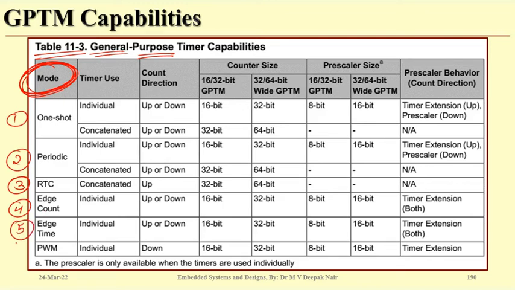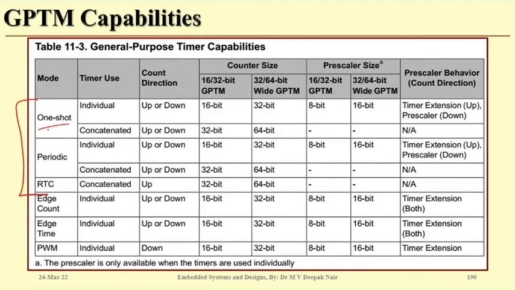Edge time, the time taken to reach from 0 to high, and then PWM. So these are the 6 modes available, and each individual mode can do different types of jobs for you. But out of this, you have to keep in mind only these 3 modes: one shot, periodic, RTC, which can be used in combined mode or individual mode.